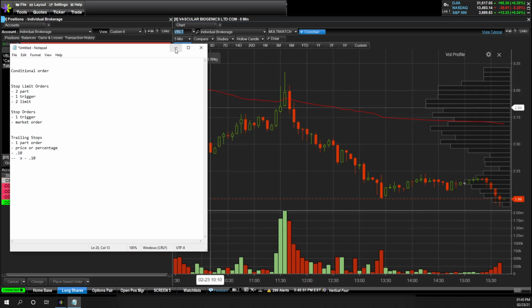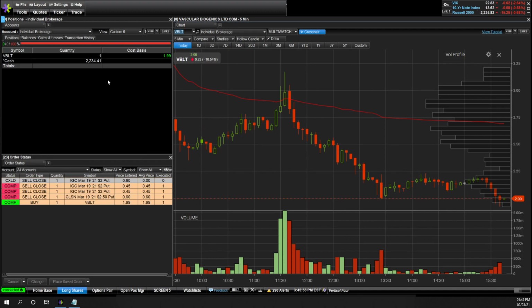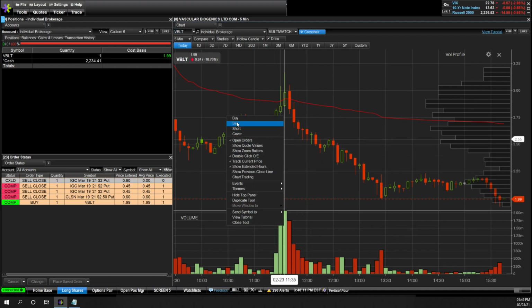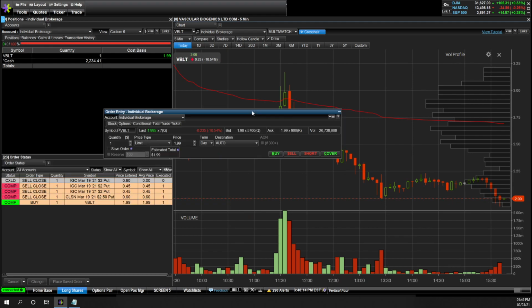Cancel. Let's just minimize. All right. So let's say that you are long a stock. Now we're talking a stop loss. You already have a position in the stock. So there are multiple ways to open an order ticket in Power Etrade, and one of the ways is to right click on the chart and click buy or sell.